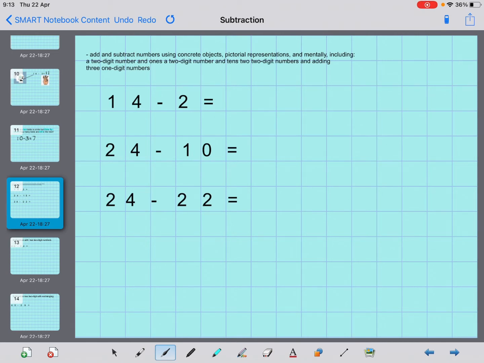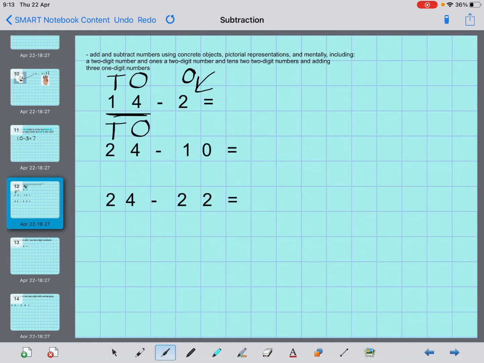Looking at the 2-digit number with the 1-digit number and the different types of digit numbers that we'd be looking at working out and knowing how to do in year 2, we would be looking at being able to take a 1-digit number such as 2 away from a 2-digit number such as 14.